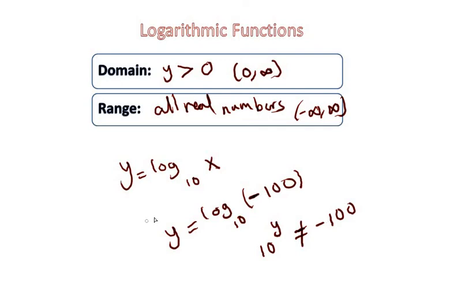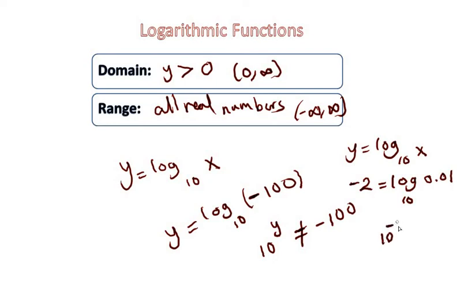Now let's think about the range. Y equals log base 10 of x. Y could be a negative number because negative 2 equals log base 10 of 0.01, because 10 to the power of negative 2 equals 0.01.